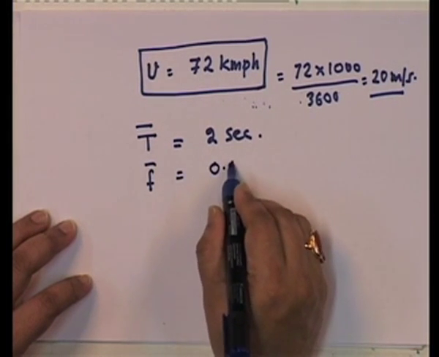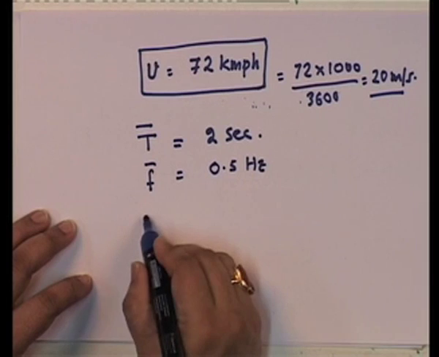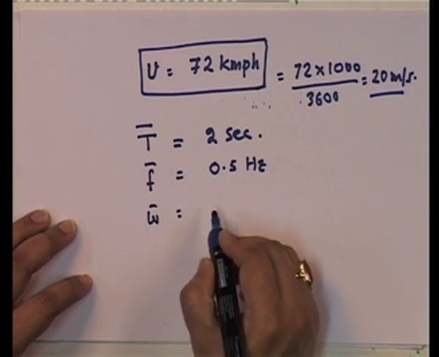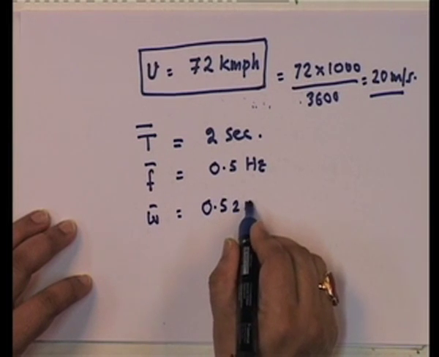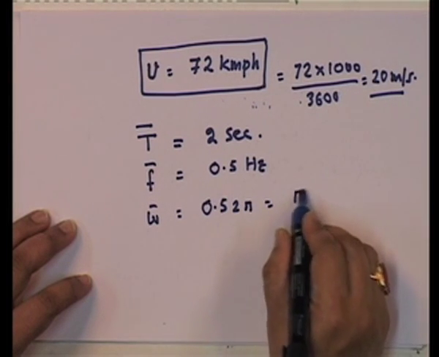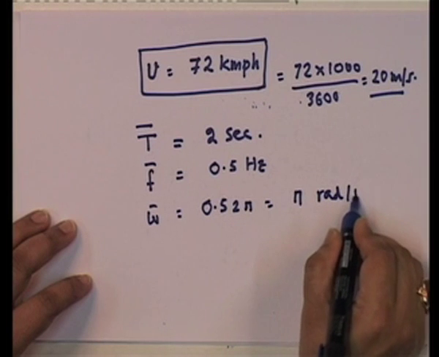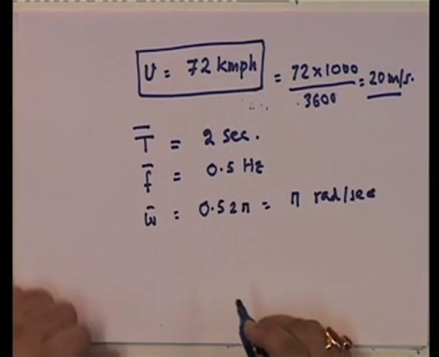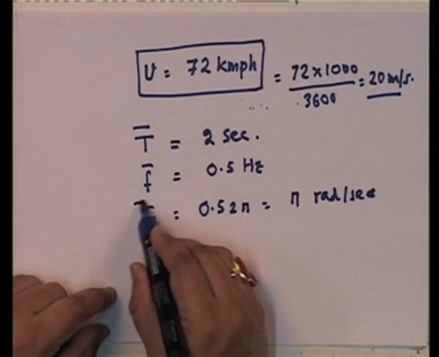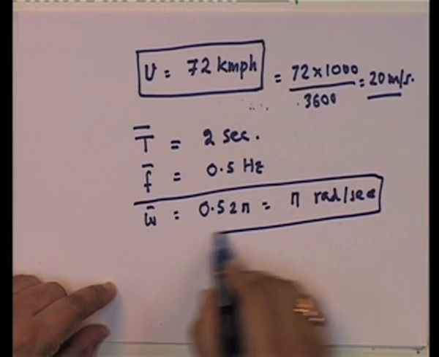It is 0.5 hertz. And what is the excitation frequency then? 0.5 into 2 pi. So, that is pi radians per second. That is my omega bar.